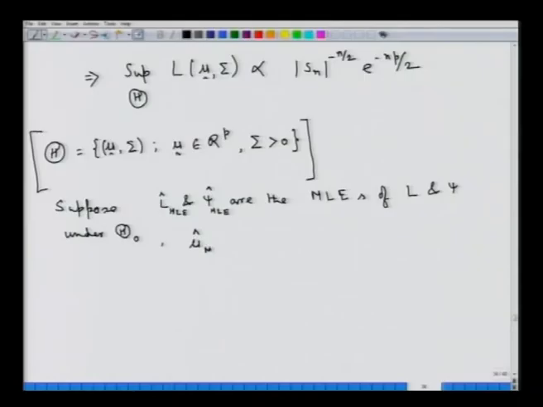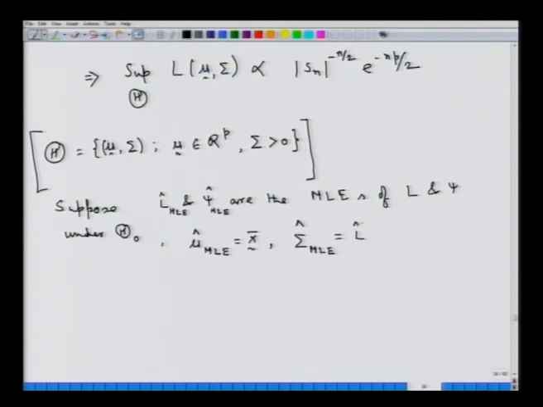Now, along with that we will have mu hat MLE, irrespective of this L hat and psi hat, that is always going to be equal to this x bar term. Now, if L hat is the maximum likelihood estimator of L and psi hat is the maximum likelihood estimator of psi, we will have the maximum likelihood estimator of sigma hat by the invariance property of the maximum likelihood estimator.